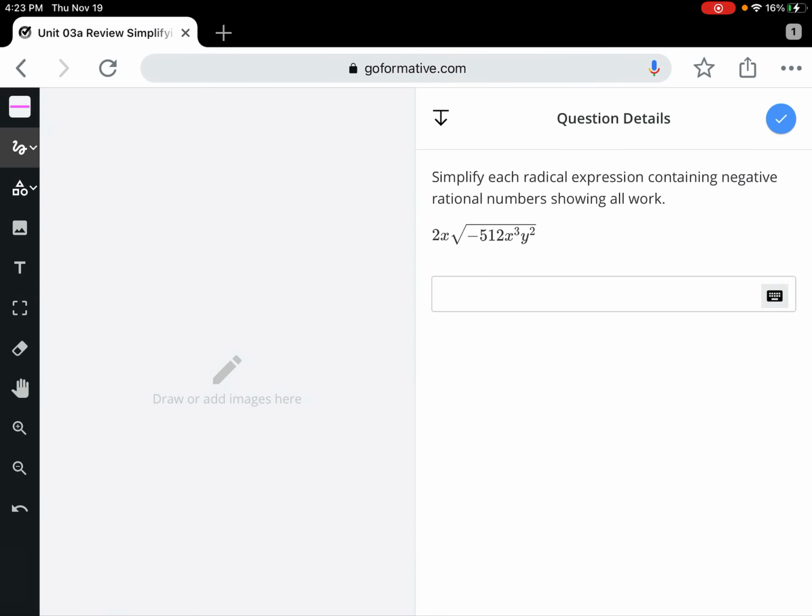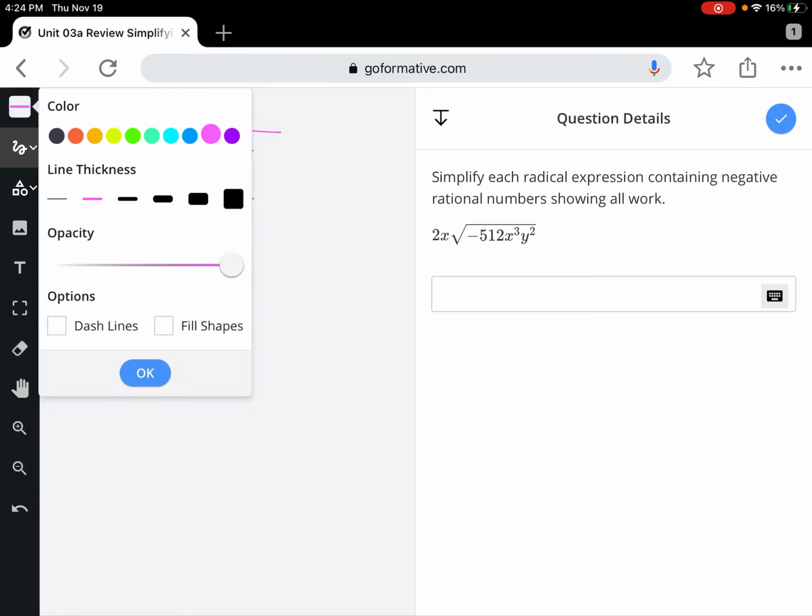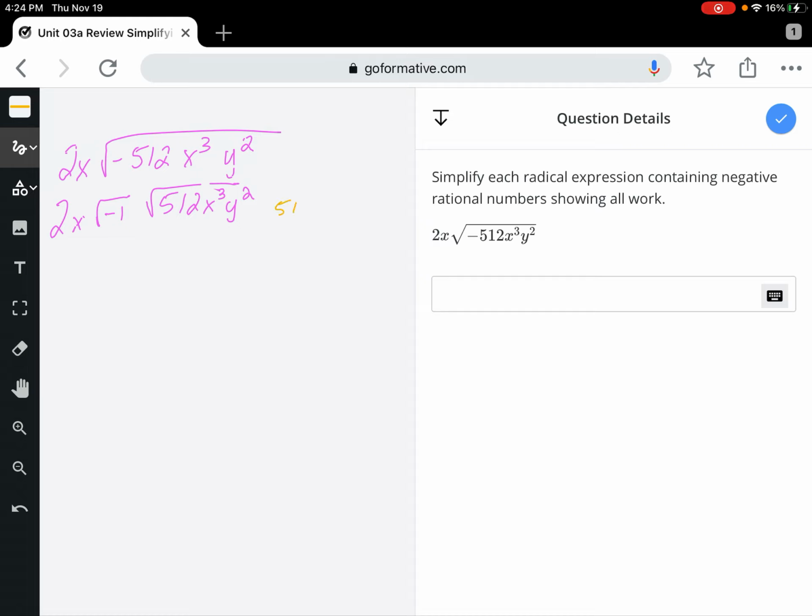Number 5. 2x on the outside, negative 512 x cubed y to the 2nd. Okay, with the 2 and the x on the outside, I have the square root of negative 1 times 512 x cubed y squared. I'm going to show you the work for this one on the side.